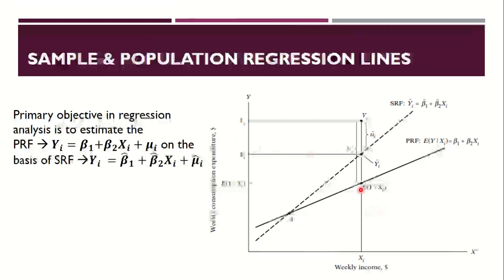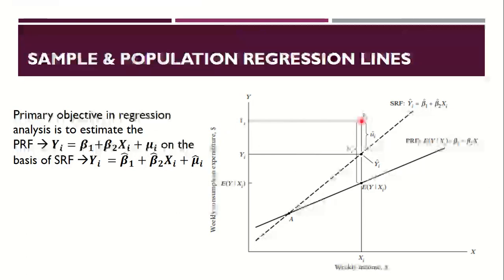So this point shows the average value of the dependent variable, that is the expected value of y given xi. Suppose that here y is a particular family whose expenditure at this income level is at this point.